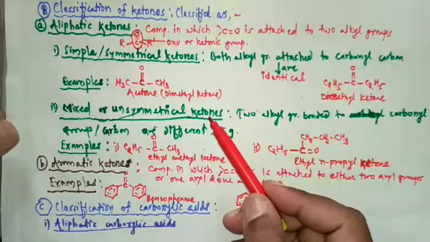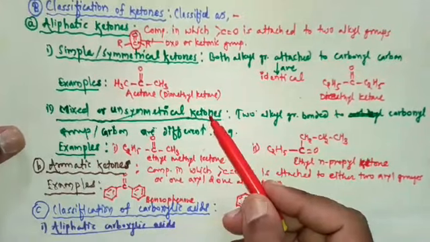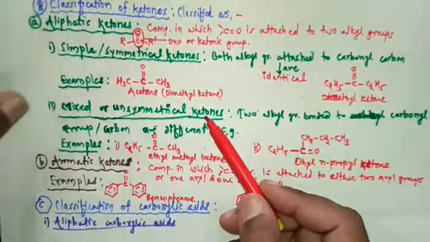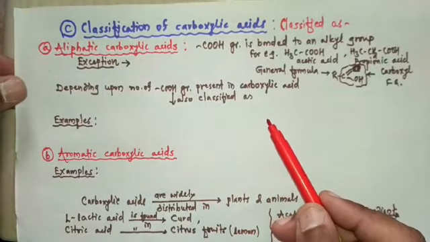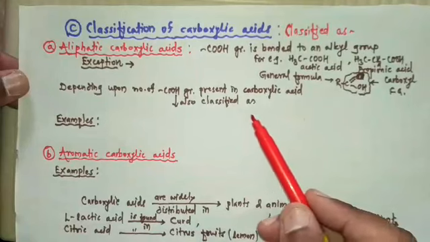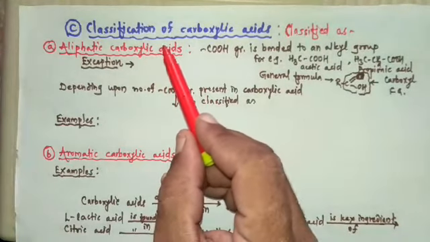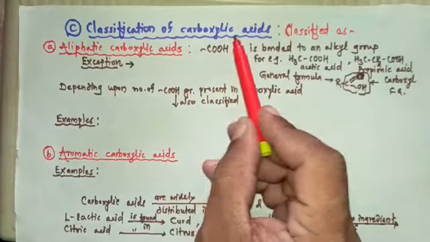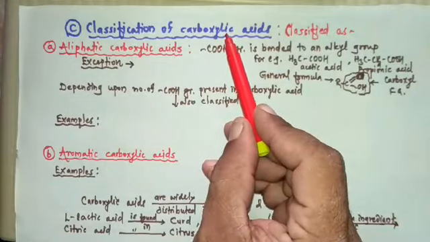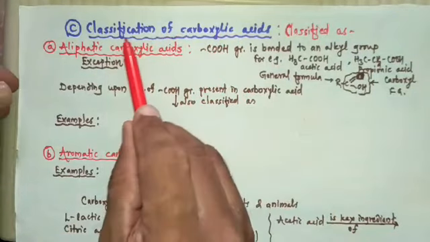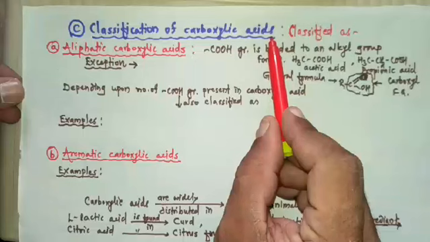So after studying classification of ketone, now we are going to study the next article in this topic, and that article is classification of carboxylic acids. So let's study classification of carboxylic acids.